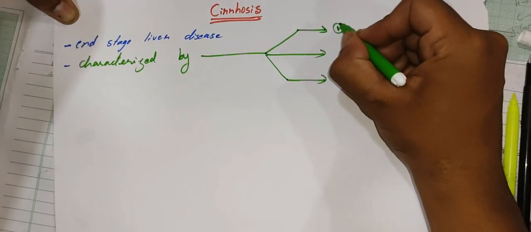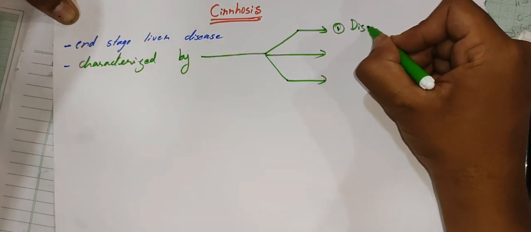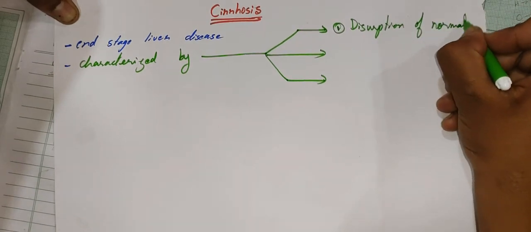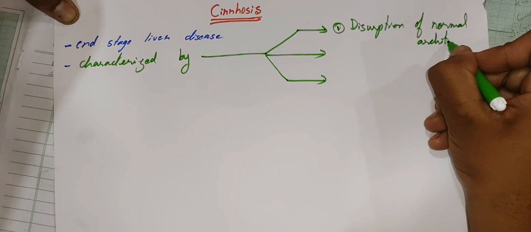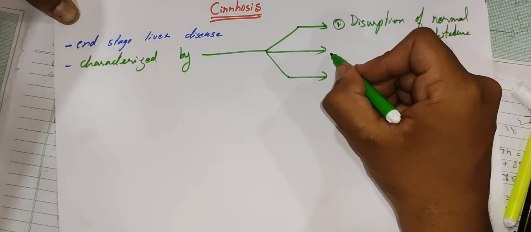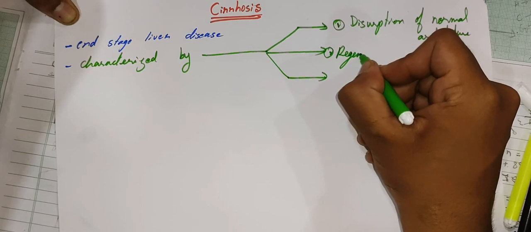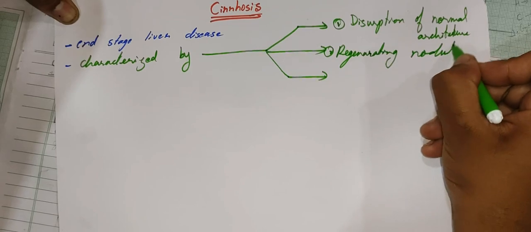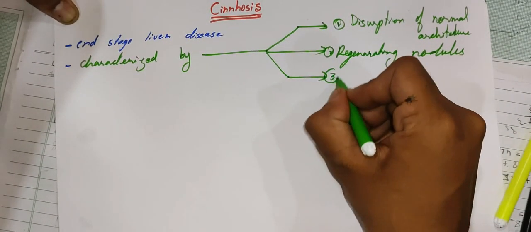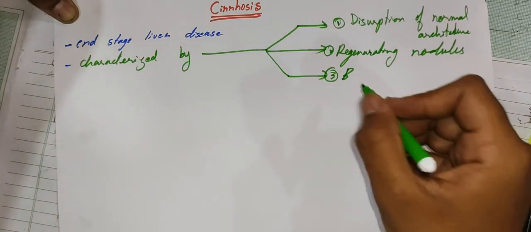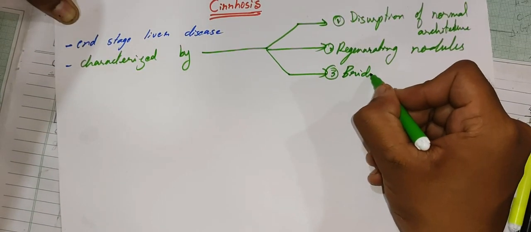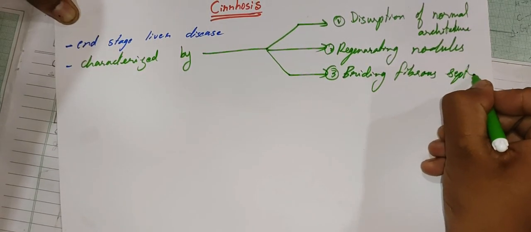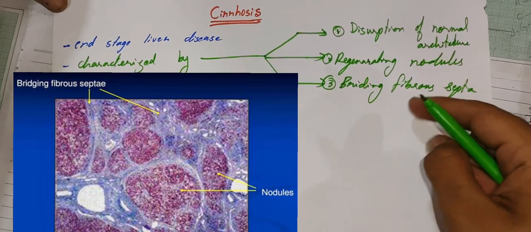Number 1, there is disruption of normal architecture, and second, you will see regenerating nodules. And third, you will mainly be seeing bridging fibrous septa. In this picture you will be seeing all the 3 features.